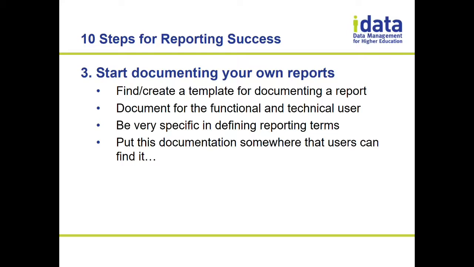It's like when you talk about, oh, that's the SGBSTDN_SPR_code or whatever. What the heck does that mean? So you want to use your business glossary terms, like this is my active primary academic program, and then say technically that's found in the SGBSTDN table with such and such fields. So you want to document both of those things as you're building up your report.